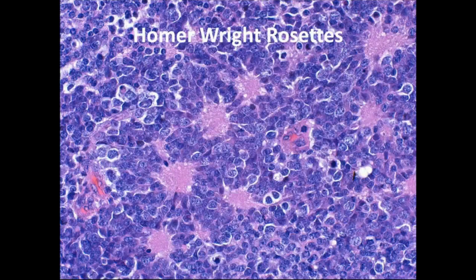And here are more examples of the Homer-Wright rosettes. And more often than not, you can see multiple mitoses being present.